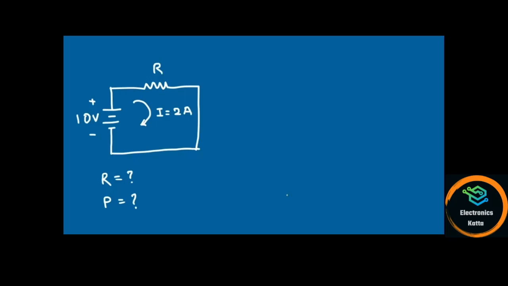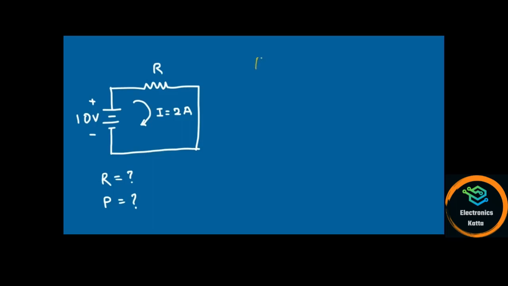We have a 10 volt voltage source connected to an unknown resistor R, and the current flowing through the circuit is 2 amperes. We need to find the value of this resistor and the power dissipated across it. First, let's find the resistance.